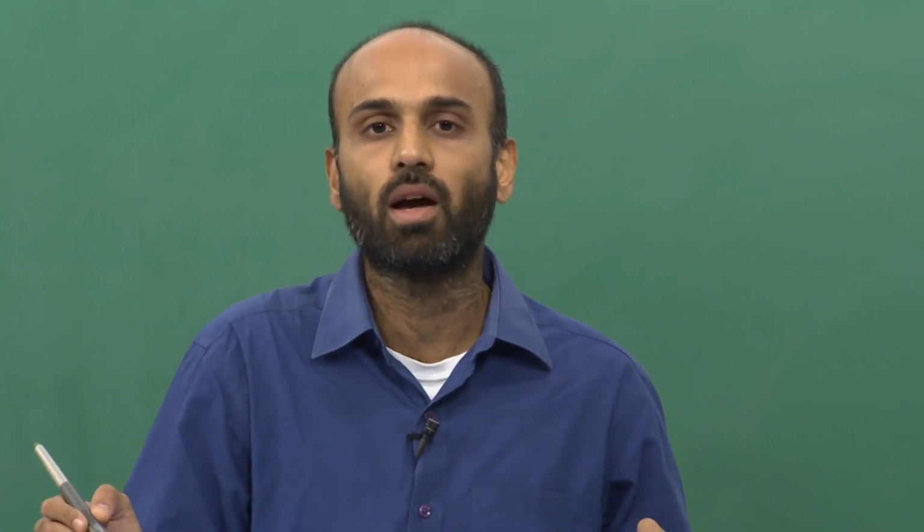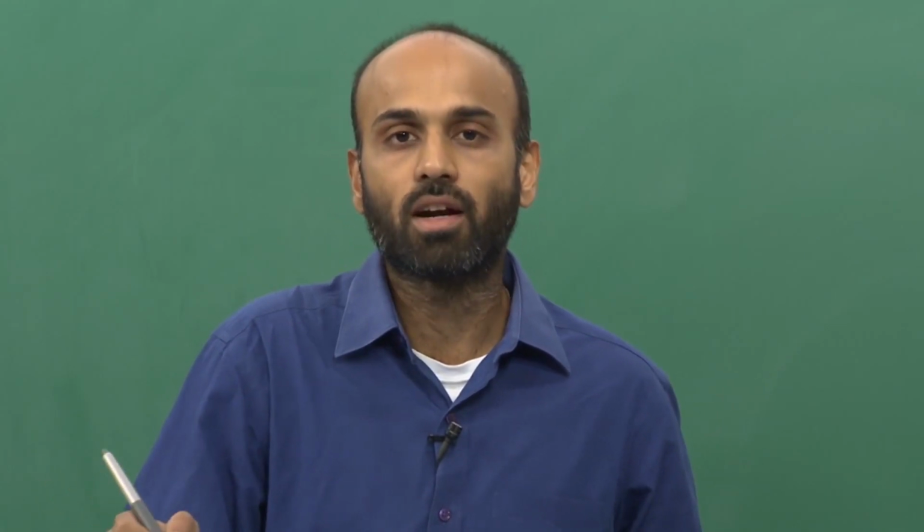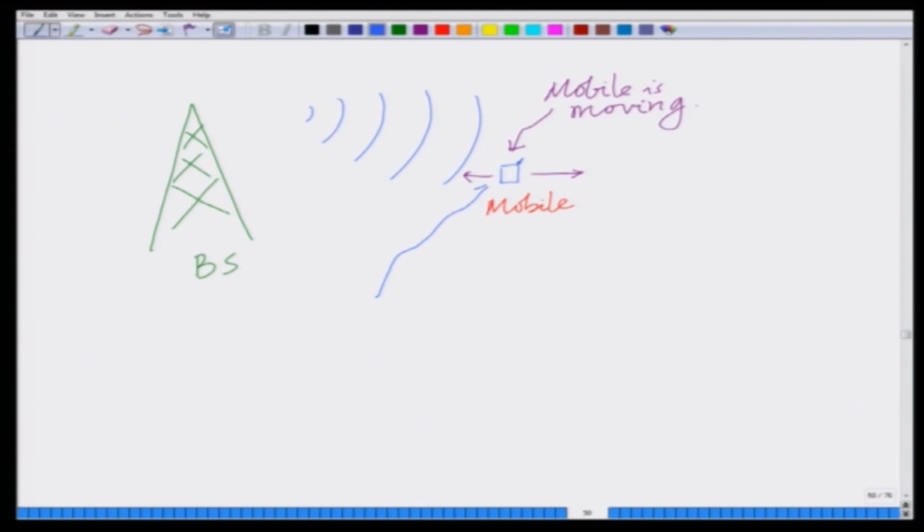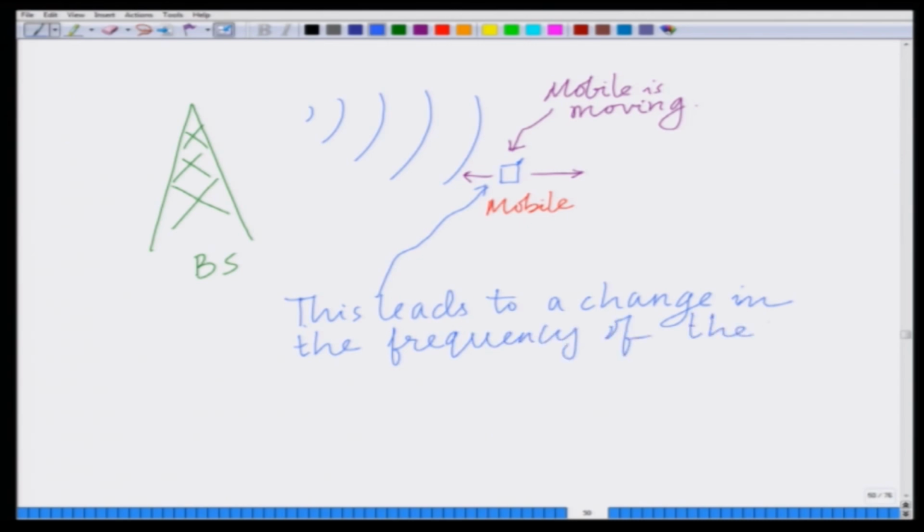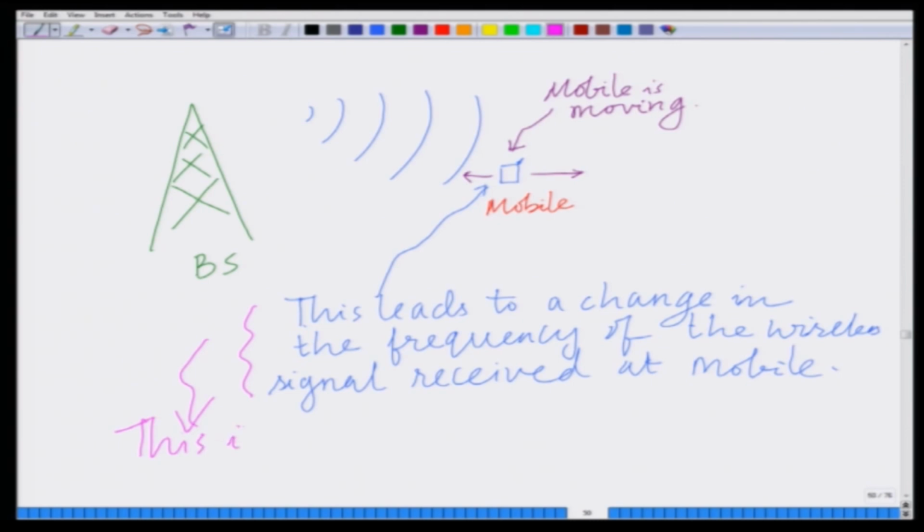This relative motion between the base station and mobile leads to a change in the frequency of the wireless signal received at the mobile, and this phenomenon is termed as the Doppler effect.